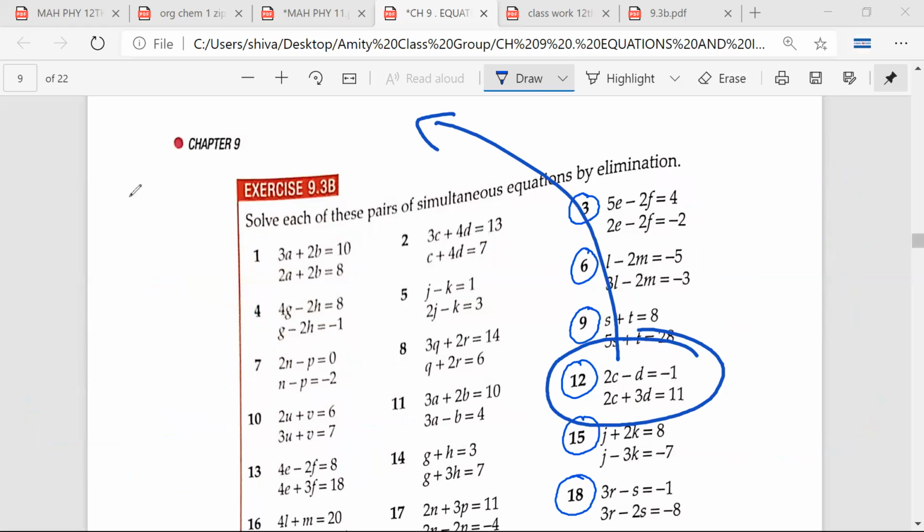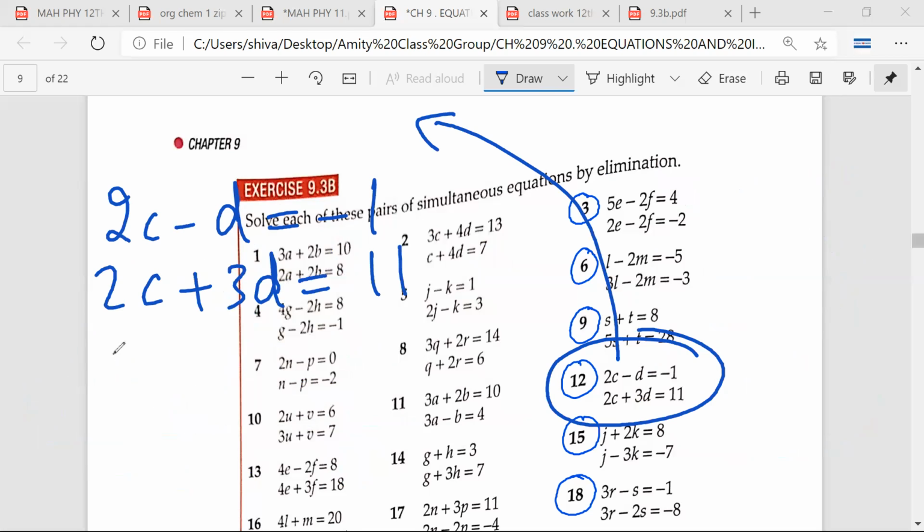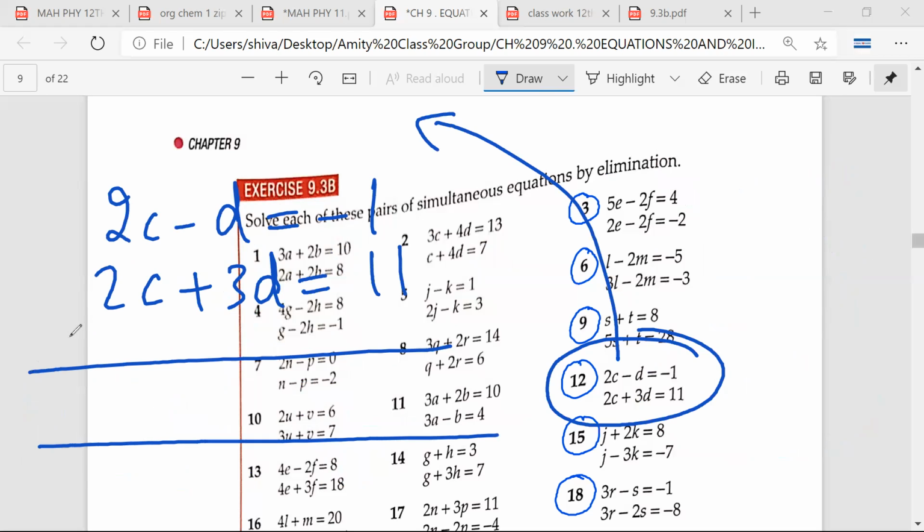Sanviji, what should I write? You will write 2D. Plus will become minus, plus will become minus. So 2C minus 2C, these two will cancel.